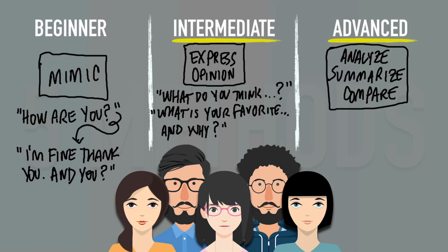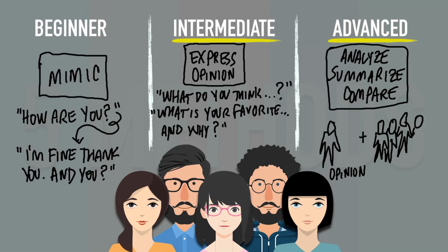Now, this is what happens. You are giving your opinion when you are an intermediate learner. But now you must give your opinion and also look at the opinions of other people. Okay? Now, other people's opinions are also important.